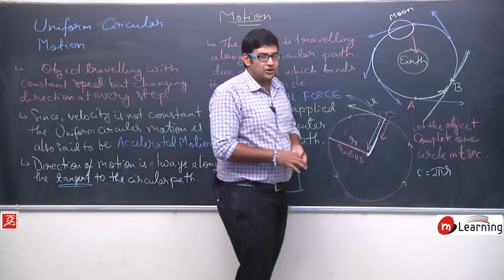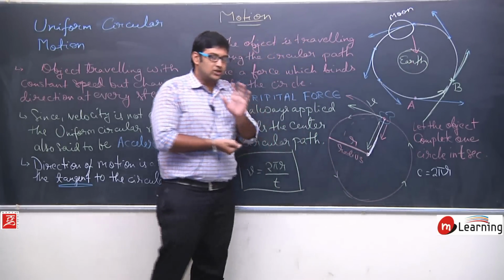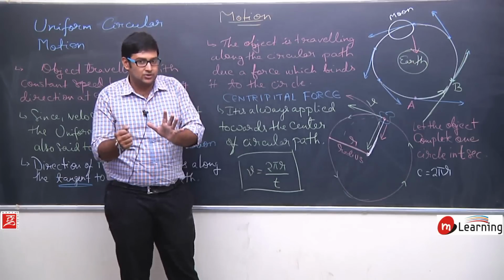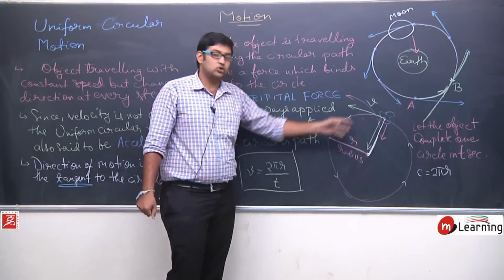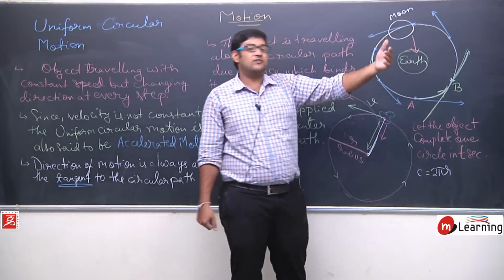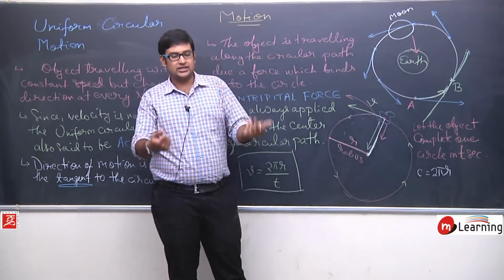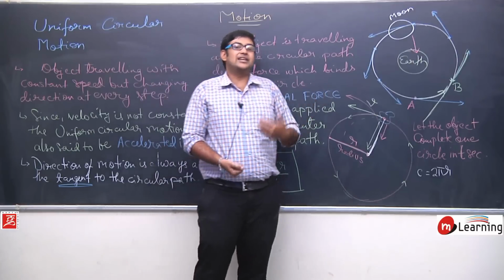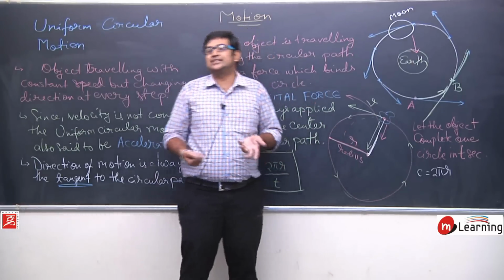So this is all about circular motion. You just need to understand what circular motion is and the examples of circular motion. The examples are the stone and thread, Earth and moon, Earth and artificial satellites, Earth and sun, or an athlete on a circular track. These are some very important examples.